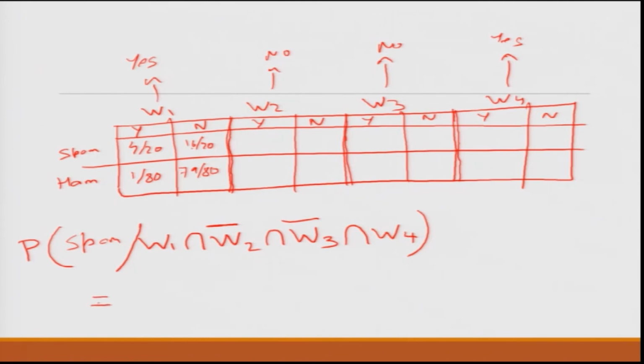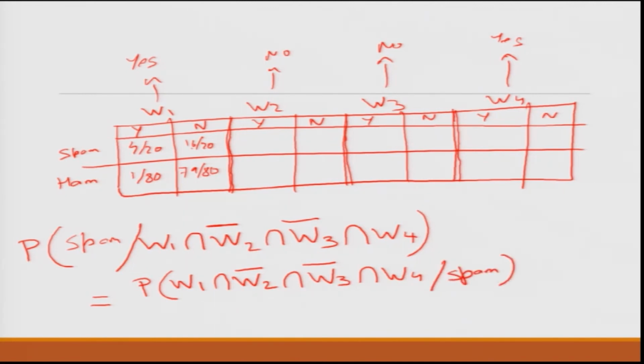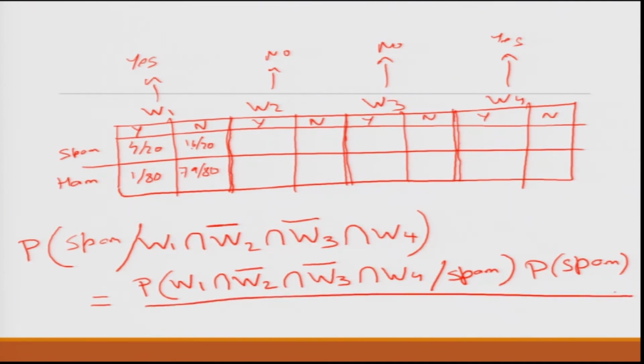This by Bayes theorem is nothing but probability of this given that it is a spam, into probability of something being a spam, divided by probability of this.